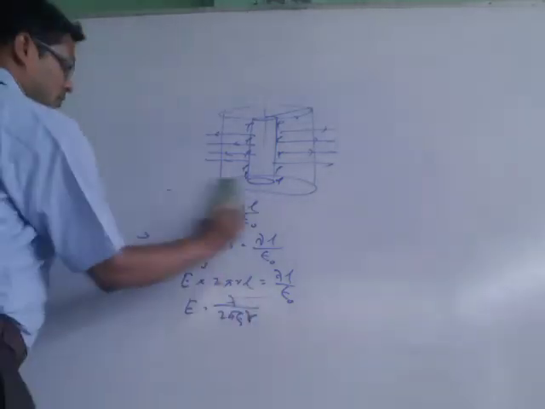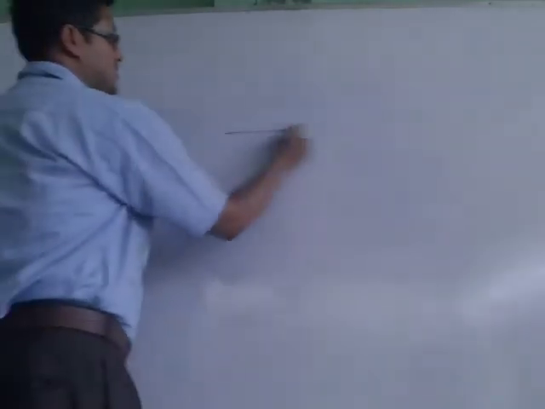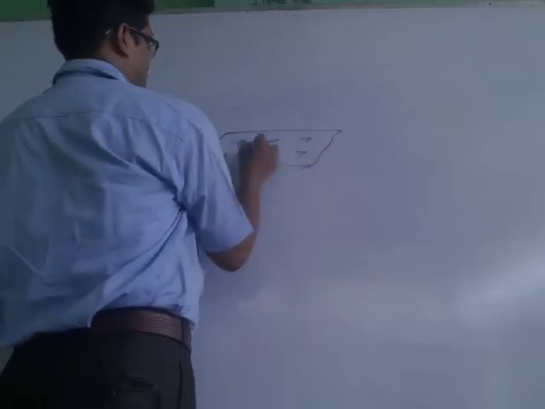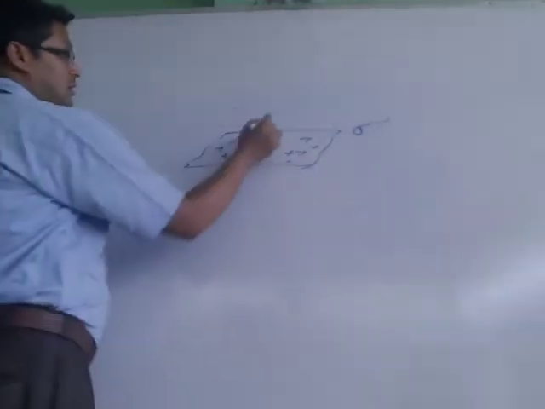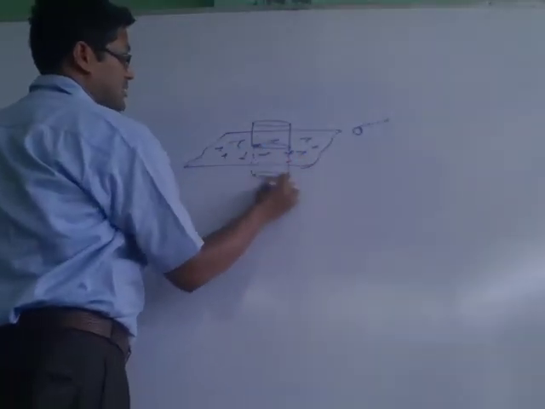Again we can find the intensity due to a charge sheet also. This is a charge sheet, and the surface charge density is sigma. To find the intensity at a nearby point, we have to consider a cylindrical cross-sectional surface.